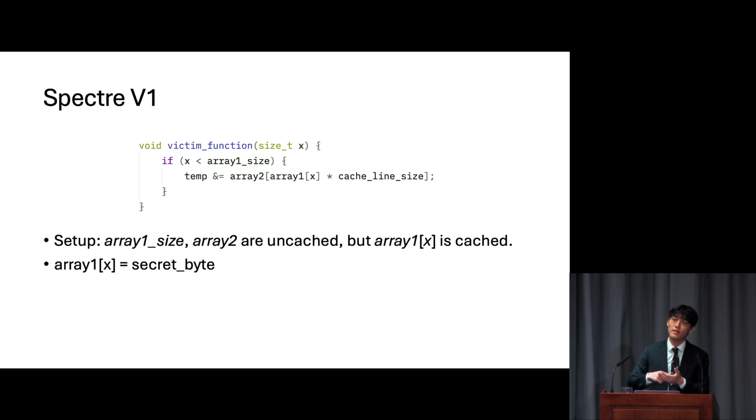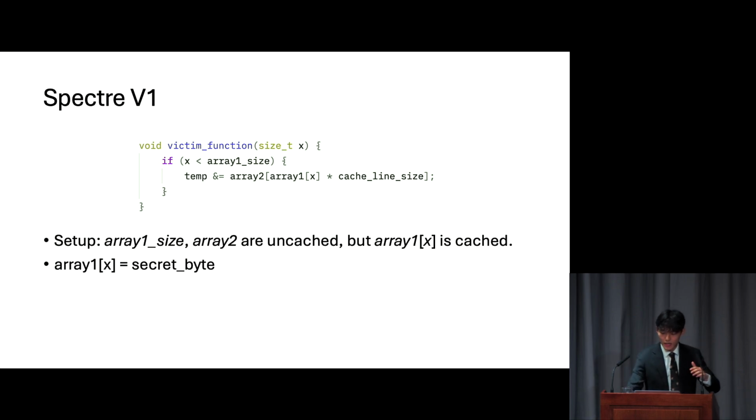That means the kth, if we think about array 2 as divided up into cache lines, if you access a particular index in array 2, that particular cache line will be brought into the cache, because we know that data is transferred between memory and the cache in blocks of fixed size, the cache line.